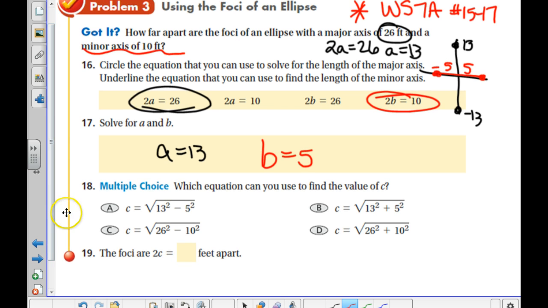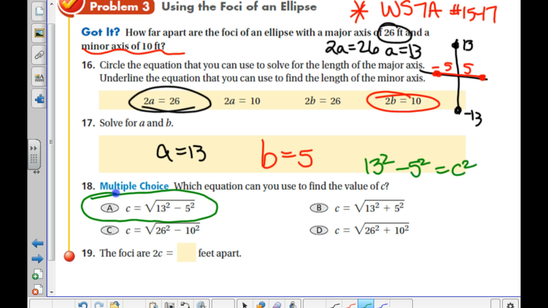How do we find C? What's the formula going to say? Which of these equations is right? 169 minus 25 is what?